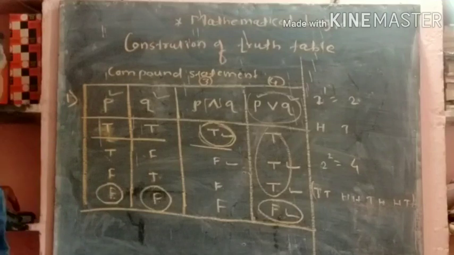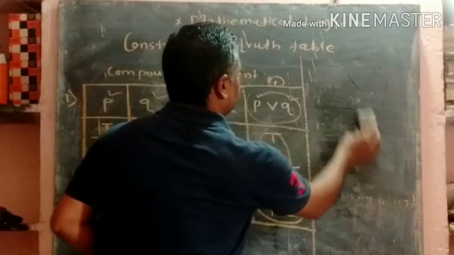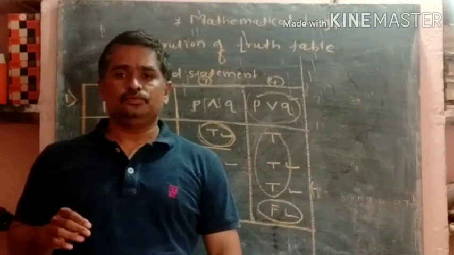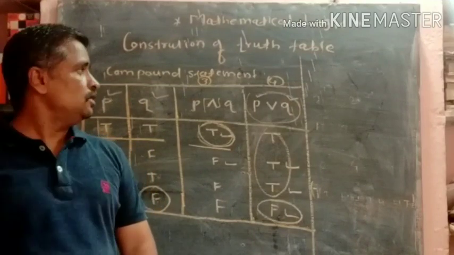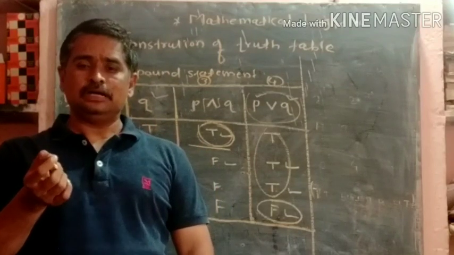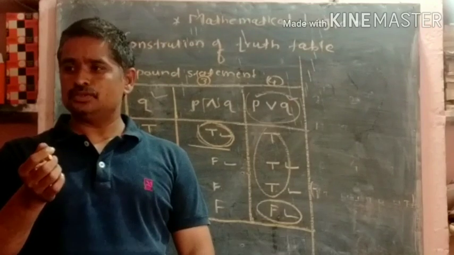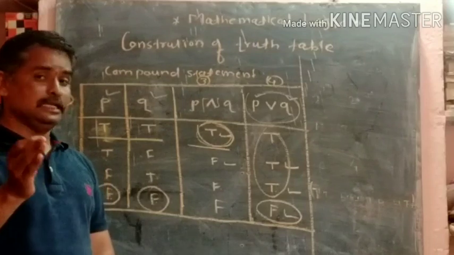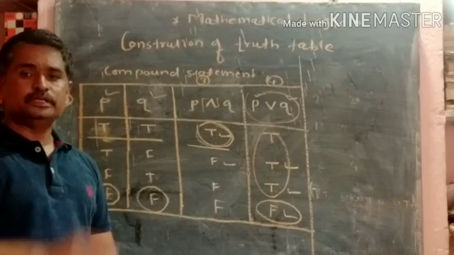Now, to construct a truth table, first of all we have to think about how many columns and how many rows are included in that truth table.